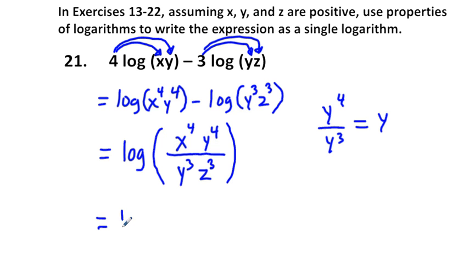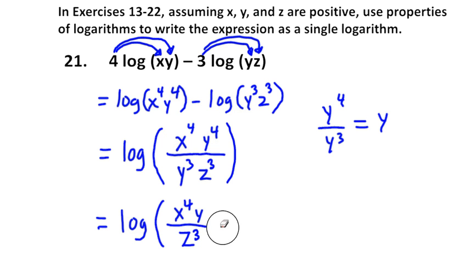So our final simplification is going to be x to the 4th, y, and then we've already canceled out this y in the denominator, it's y to the 3rd. So the only thing we can have left is z to the 3rd power. So that's going to be it.